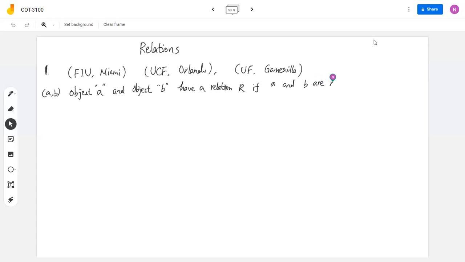Let me be more precise: mathematically, in some mathematical way, defined by R.